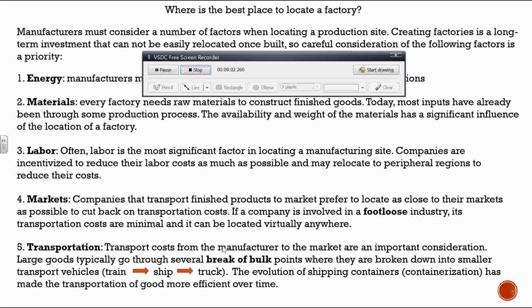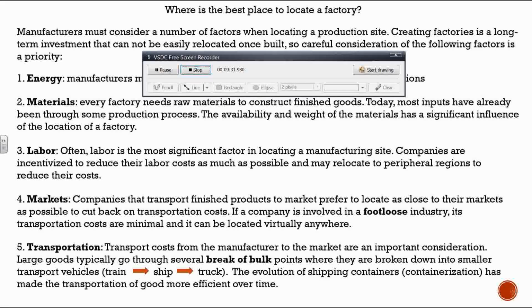And whenever you go from a large thing to a small means of transportation, we call it a break of bulk point. And if you think about this, guys, if you are the manufacturer, at each stage of that transportation, you're having to pay something, right? You're having to pay a driver of a vehicle. You're having to pay for gas that's going to move that vehicle, that product to market. That's why gas prices affect everything, right?